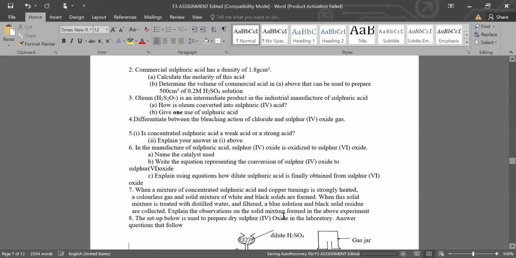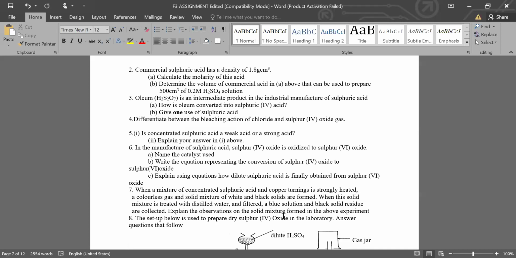Commercial sulfuric(VI) acid has a density of 1.8 grams per cubic centimeter. Calculate the molarity of the acid. Determine the volume of the commercial acid in the above that is needed to prepare 500 cubic centimeters of 0.2 molar sulfuric(VI) acid solution.